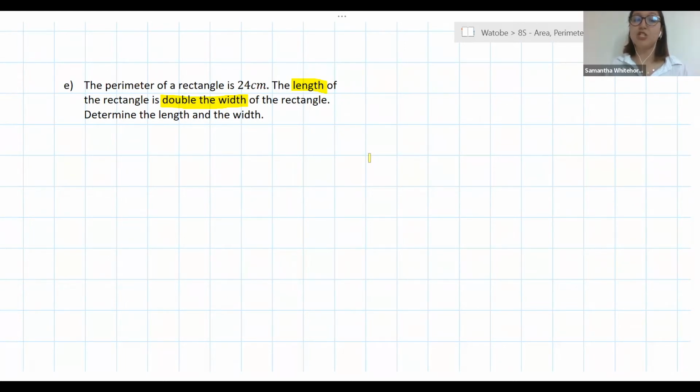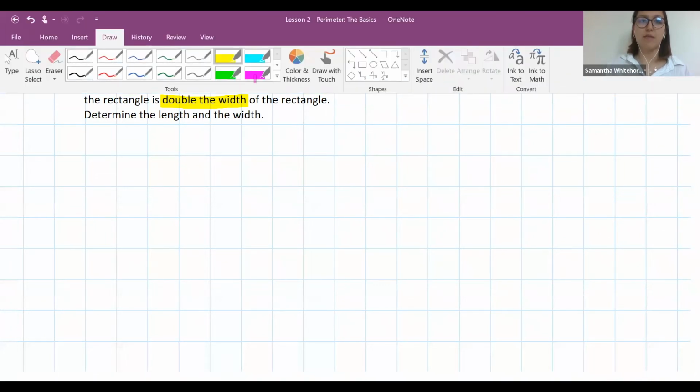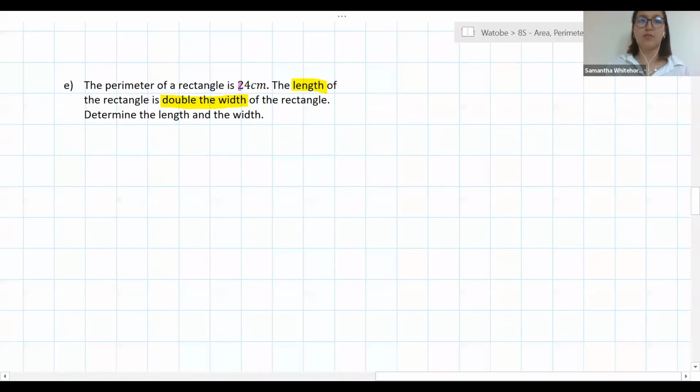Remember, if you want to check yourself, make sure that when you add up your answers for the perimeter, you're getting the perimeter that I gave you, which is 24 centimeters. So make sure you are getting 24 here.